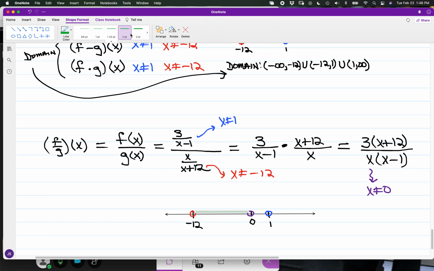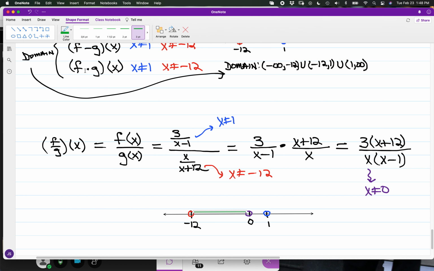Okay, so you have 3 exclusions, and so for the interval notation in defining the domain, this will be a little bit of a longer statement.